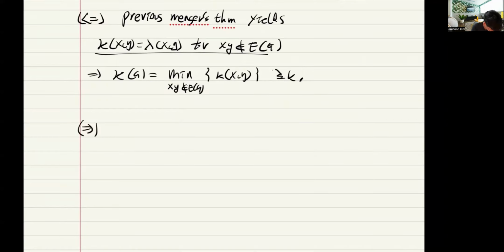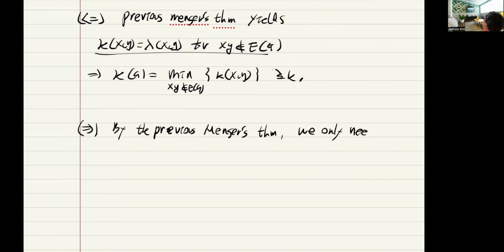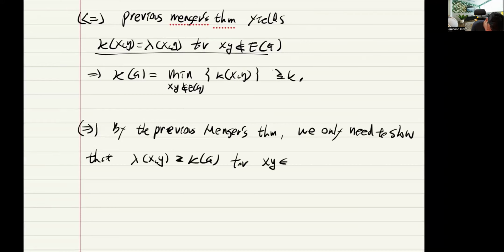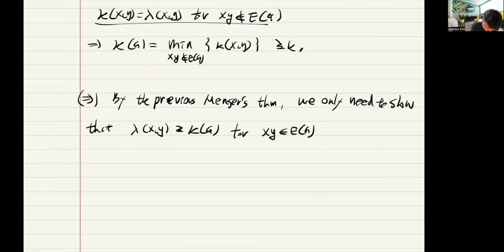And the other direction. The other direction is we assume that it is k-connected. And by the previous Menger theorem, we only need to show, assuming k-connectivity, that for an adjacent pair, the number of independent paths between them is at least the connectivity.